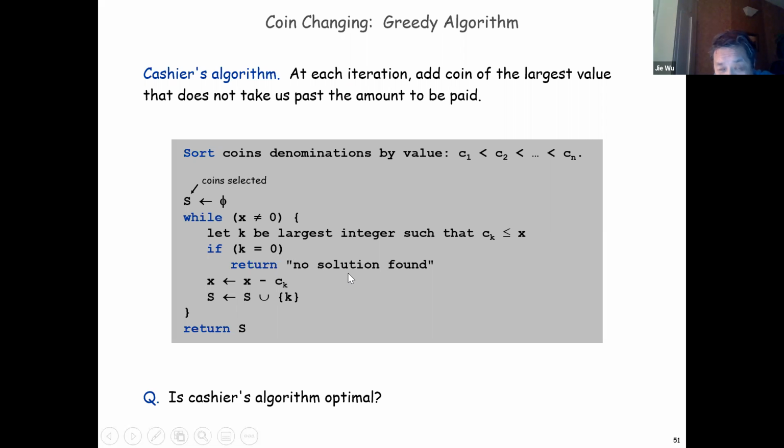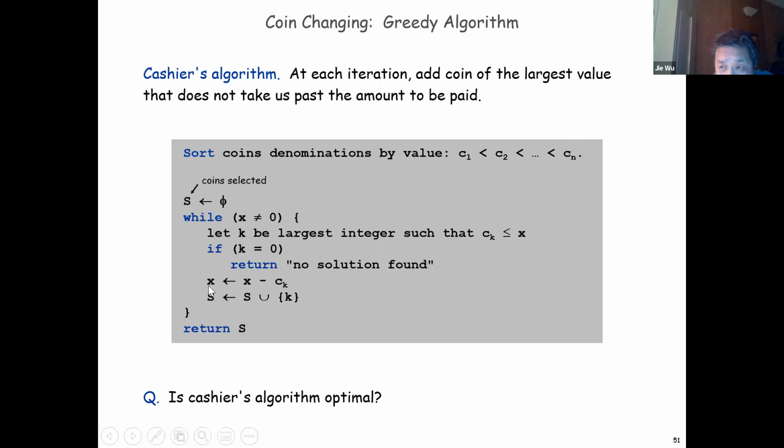But in the US currency system, there's no problem. Actually, in any system, you always add 1 cent there, if 1 cent is the minimum denomination, right? In the worst case, you just return everything in 1 cent, but that's too many pennies, right? Okay, so once you select that, you subtract c_k from the total remaining amount.